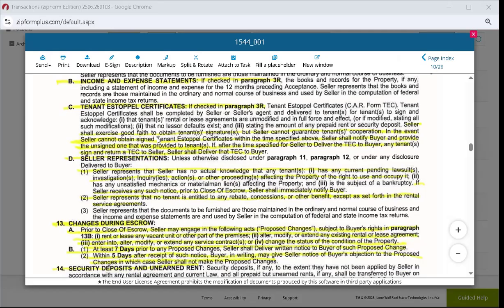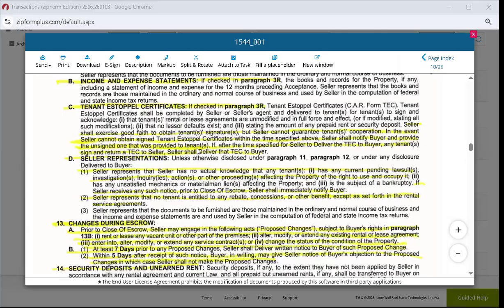So the seller is going to make a good faith effort to obtain tenant signatures, but the seller cannot guarantee that the tenant will cooperate. In the event the seller cannot obtain the signed estoppels within the time specified in the contract, then the seller shall notify the buyer and provide the unsigned estoppel that was provided to the tenant to the buyer. And you would probably do that through email, make a note.